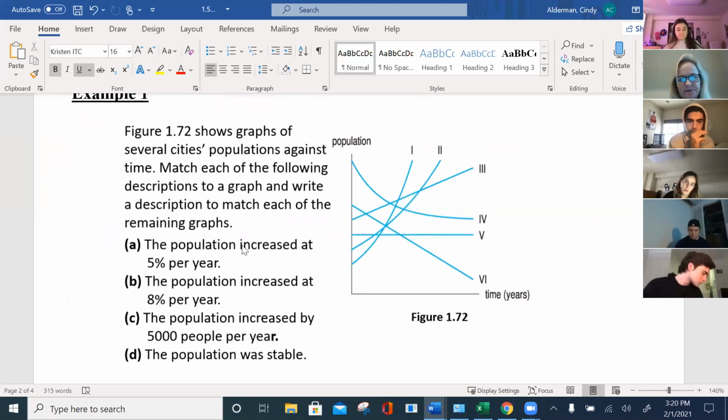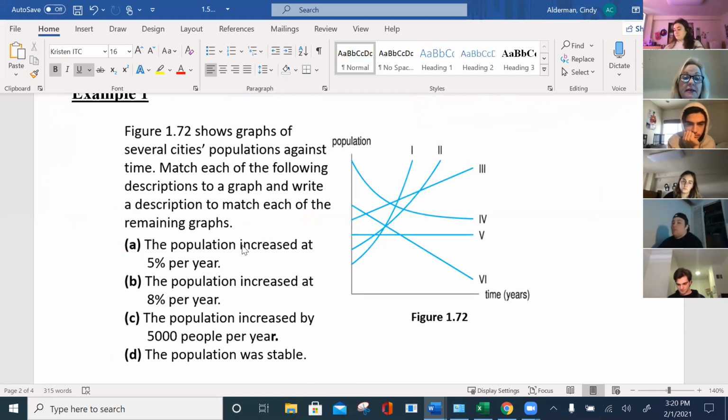Okay, now this example is to make sure you understand the difference between increasing and decreasing, and the difference between exponential and linear graphs. So take a minute and see if you can match up A, B, C, and D to 1 through 6 first.